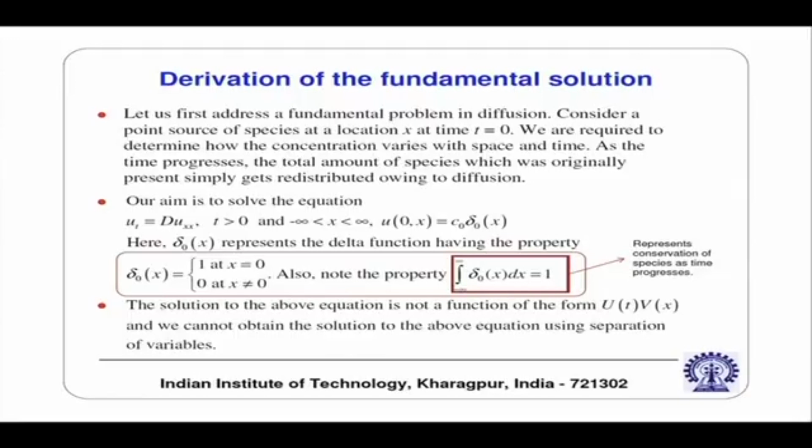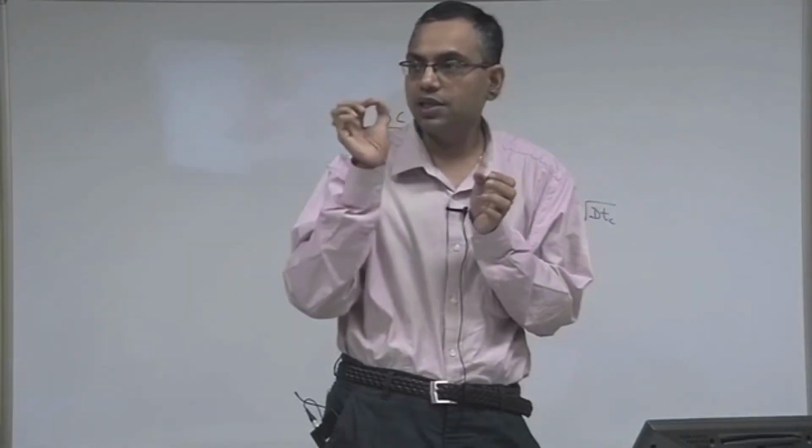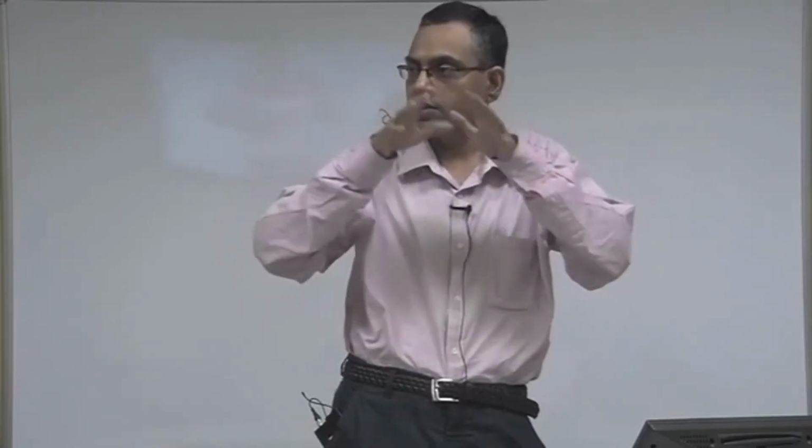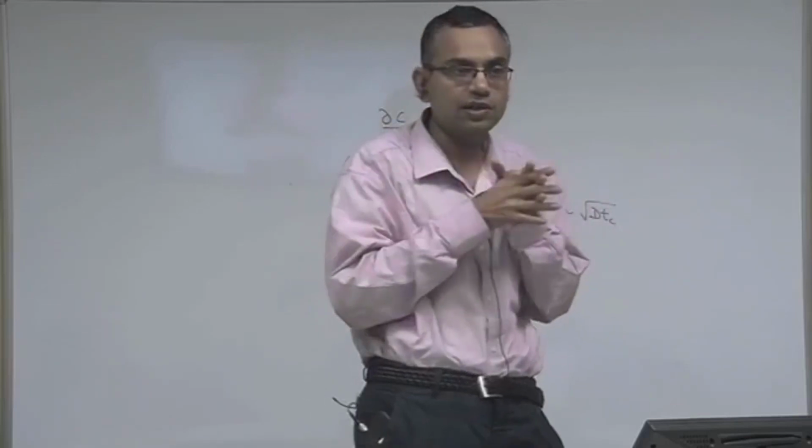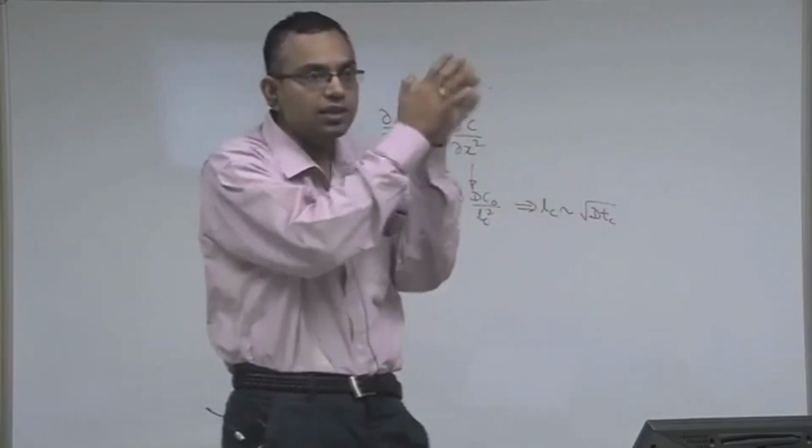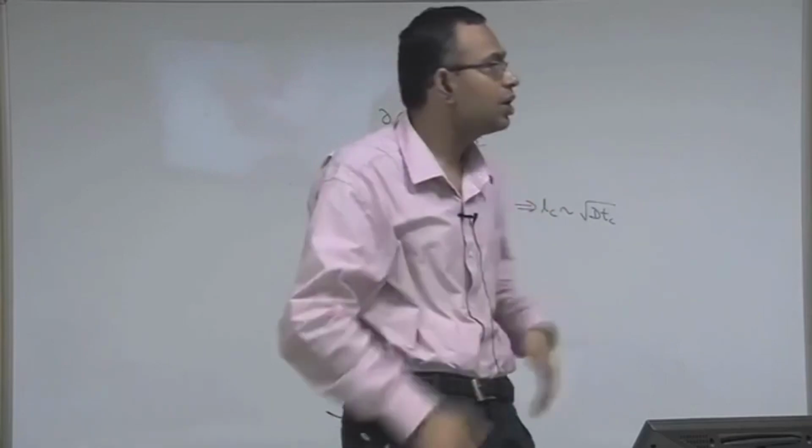So, the mass will be conserved. Typically at a particular location, if you inject a species, then that species will diffuse into the sample, but the total mass of the species will remain constant, only the concentration will be distributed differently because of diffusion.